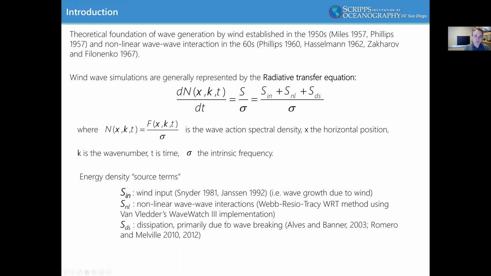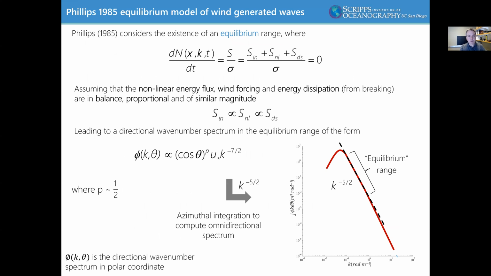So how do we go from this to a spectrum, to a wave spectrum? Well, Phillips in 1985 considers the existence of an equilibrium range where you assume that the nonlinear energy flux, wind forcing, and energy dissipation are in balance, proportional, and of similar magnitude.